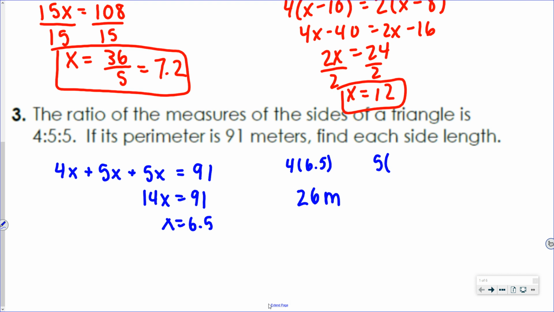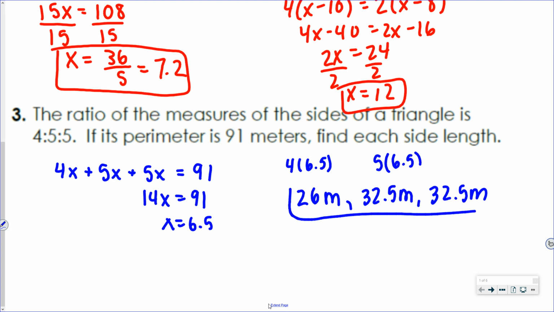And then the other two, that ratio of 5 times 6.5, that gave me 32 and a half for each side length. If I were to write those side lengths as a ratio and reduce it, divide everything by 6.5, I'd get back to that 4 to 5 to 5 ratio. Okay, so each side is some multiple of that ratio. What kind of triangle would this be? Isosceles. Nice. 2 congruent sides.